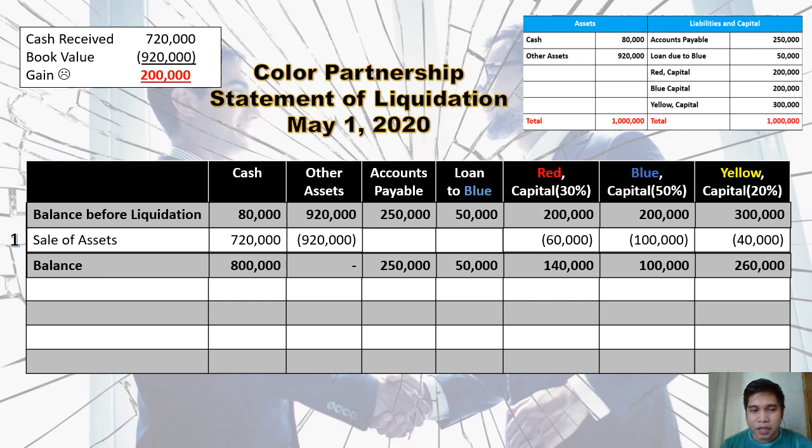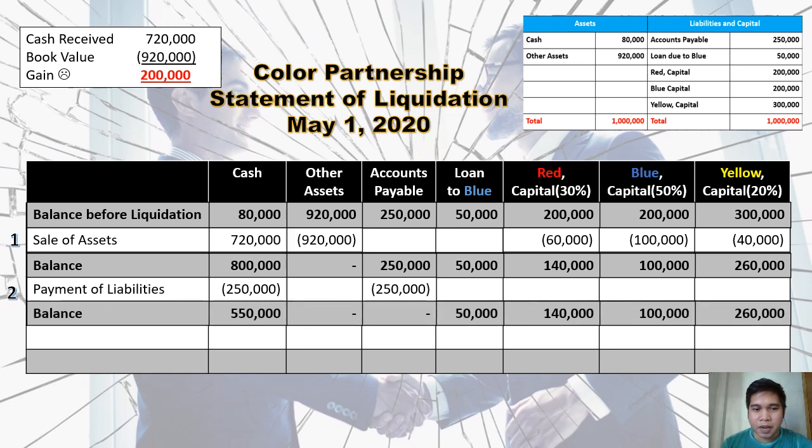So record na po natin yung next step, which is payment of liabilities. Available naman yung cash, 800 yung cash, ang utang natin is 250. Pwede na natin yung bayaran as is. So payment of liabilities, negative tayo ng cash 250 kasi babayaran natin si accounts payable, so negative ng 250,000 pesos. The balance after the payment, magiging 550 na lang si cash.